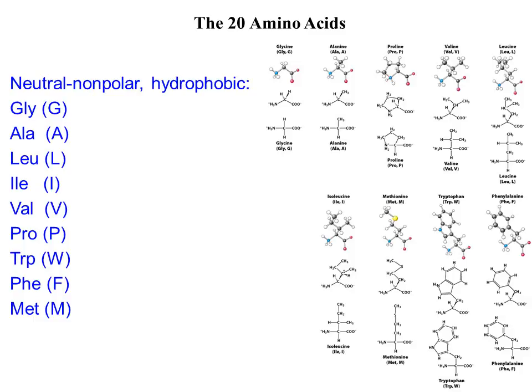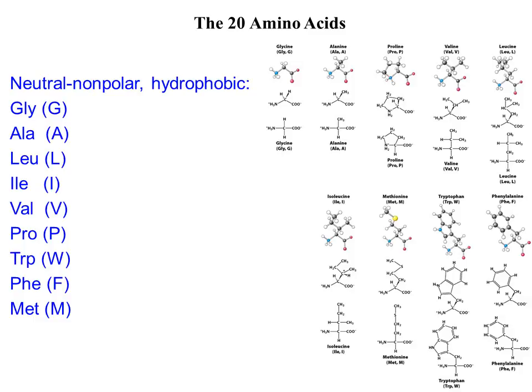Now, in an effort to understand amino acids and consequently the proteins made up of those amino acids, we went ahead and started categorizing those amino acids based on their physical and chemical properties. And so today we're going to expand this concept and talk more about the acid base properties of amino acids.